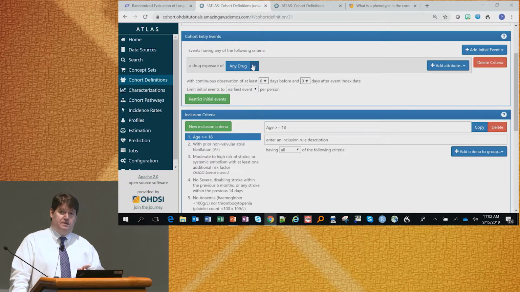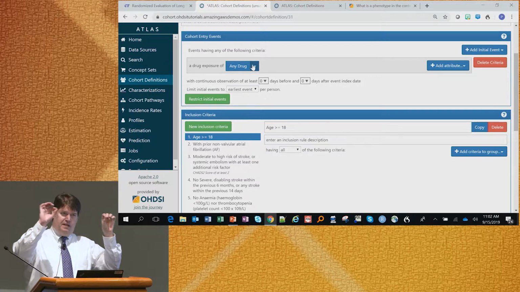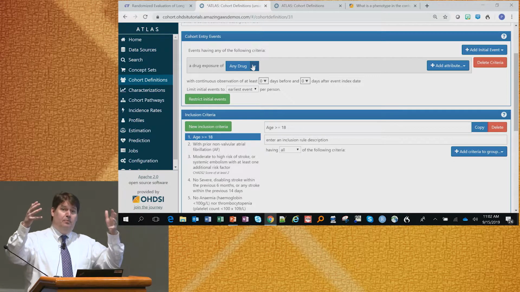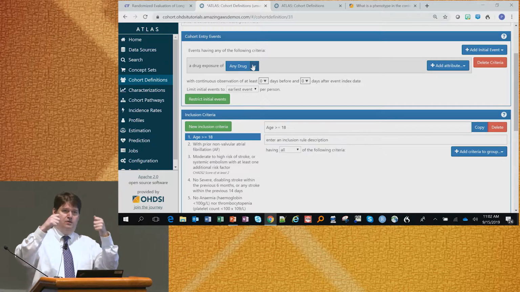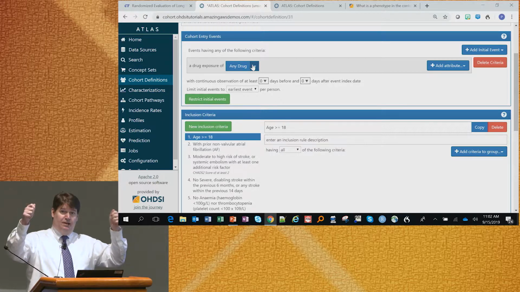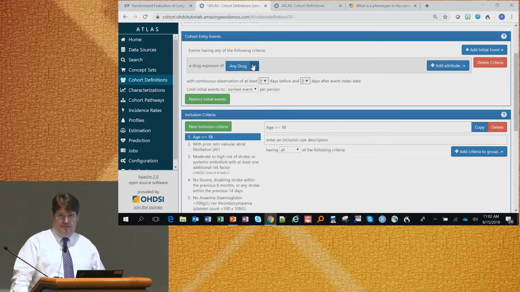For drug era purposes, we take the individual drug exposures, roll them up to what ingredient they belong to, and then any exposure that was within 30 days of each other is considered part of the same era. And the output of combining all those drug exposures into drug eras are the periods of time where that ingredient was exposed to a person. And it's at the ingredient level.